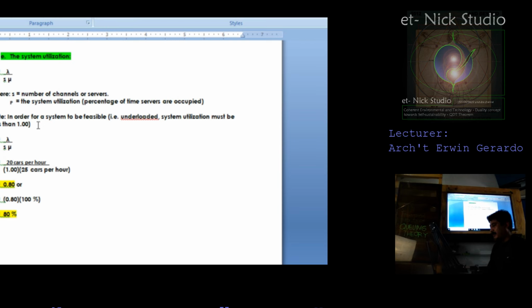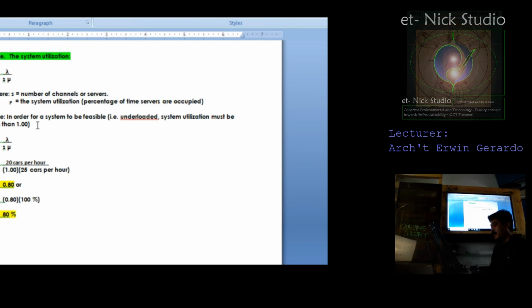So take note that alpha is 20 cars per hour. We only have a single channel. That is why it is equivalent to 1 times 25 cars per hour. So we were able to arrive at 0.80, which is equivalent to 80%.